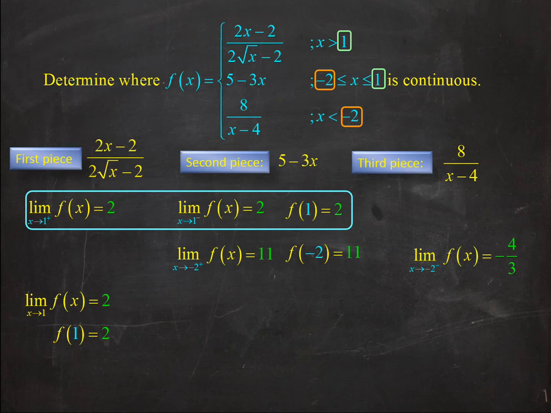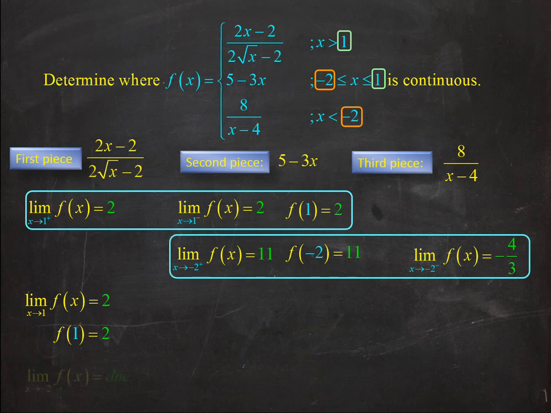Yet when we look at the second and the third piece, we'll notice that, yes, from the second piece we have the limit as x goes to minus 2 for the positive side equal to 11, and the value of the function at minus 2 was also equal to 11. But in the third segment, when we looked at its limit when it went to minus 2 from the negative side, its value is minus 4/3.